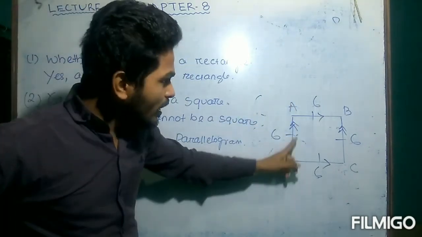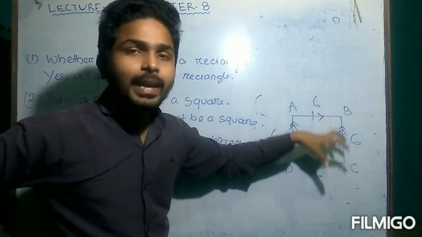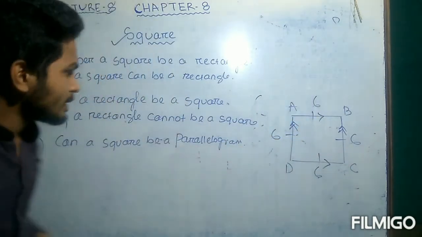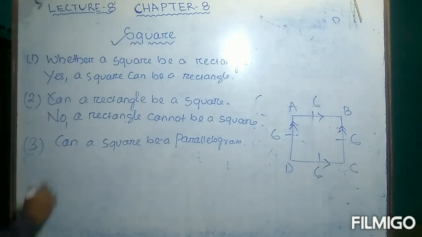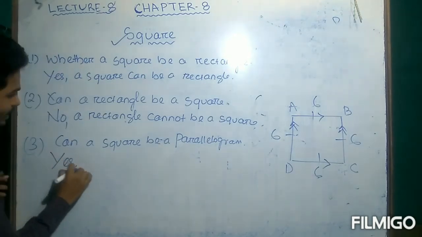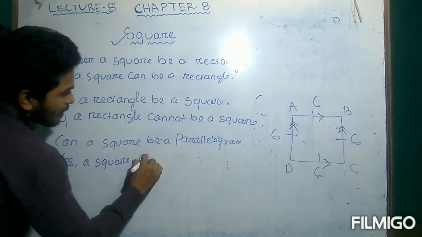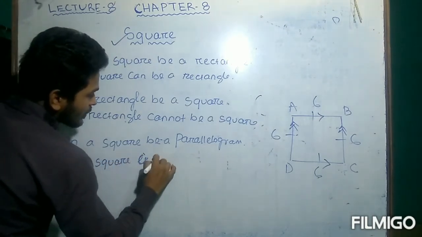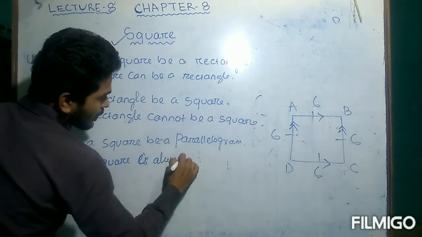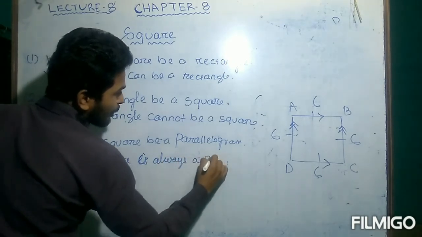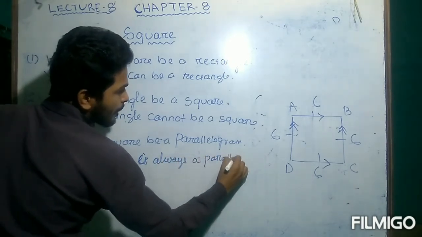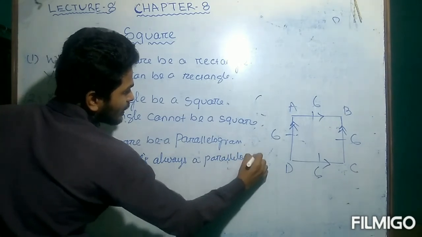Hence we can call a square a parallelogram. So you can write, yes, a square is always a parallelogram. Okay, done.